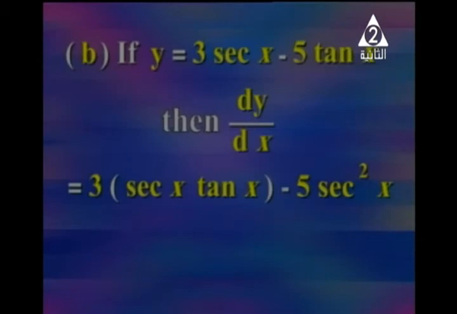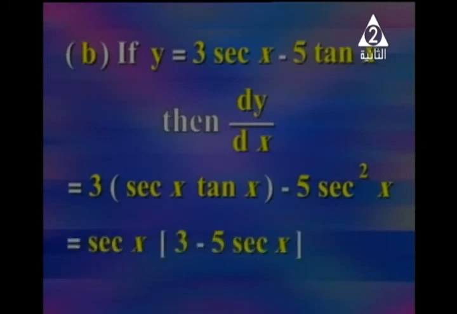Then when we find dy/dx of 3 sec x minus 5 tan x, we write the constant 3 multiplied by the differentiation of sec, sec x tan x, minus 5 times the differentiation of tan, sec^2 x. Then the answer is 3 sec x tan x minus 5 sec^2 x. We take sec x as the highest common factor. The answer is sec x times the bracket containing 3 tan x minus 5 sec x.